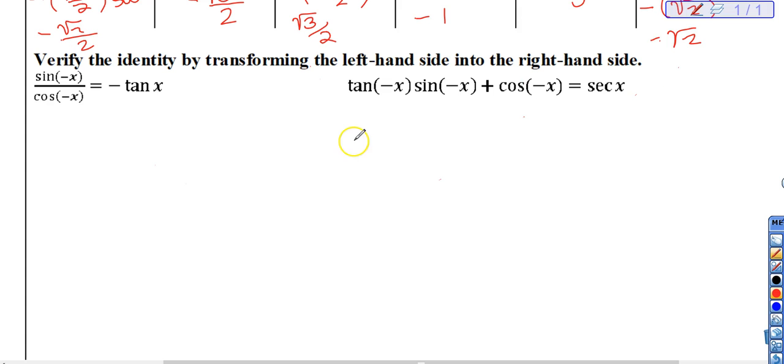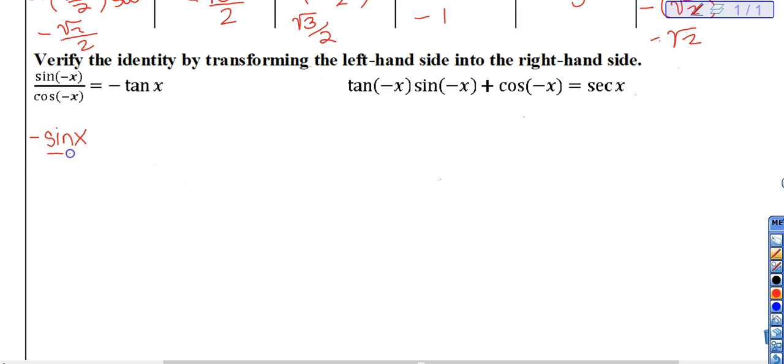So let's start with the first one, which is just a two-step process here. So we have sine of negative x over cosine of negative x somehow equals a negative tangent of x. So my advice, remember, apply your even and odd identities. So I'm going to replace the sine of negative x with negative sine of x.